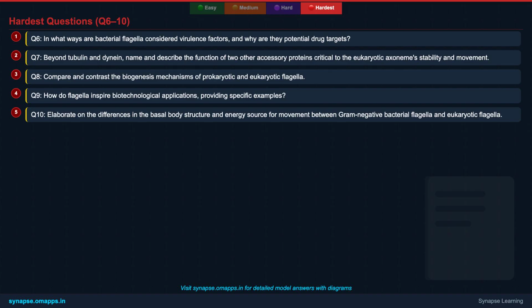Question 9. How do flagella inspire biotechnological applications, providing specific examples? And question 10. Elaborate on the differences in the basal body structure and energy source for movement between gram-negative bacterial flagella and eukaryotic flagella. Push your limits.